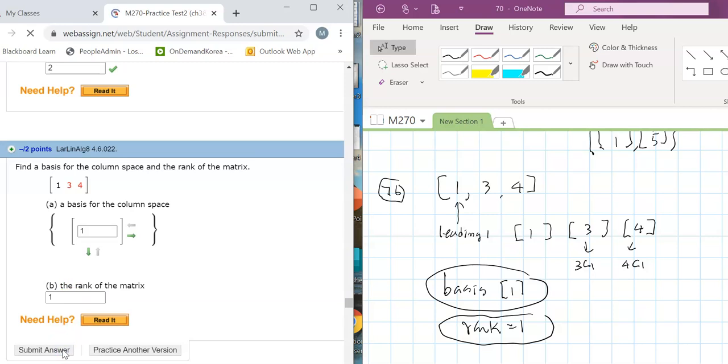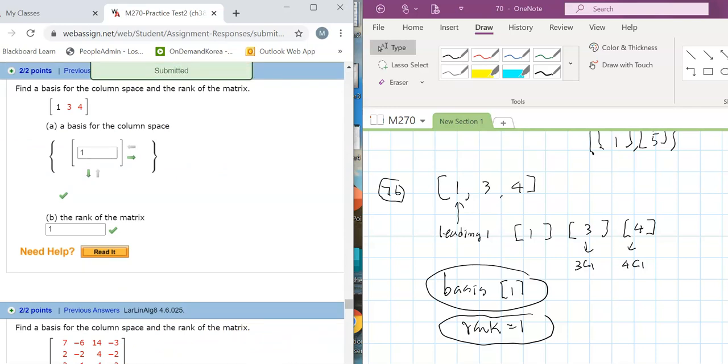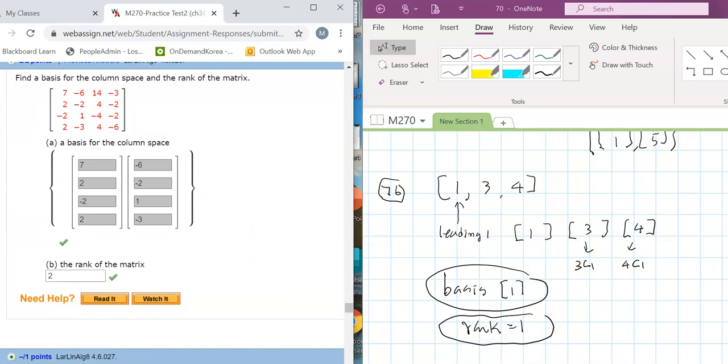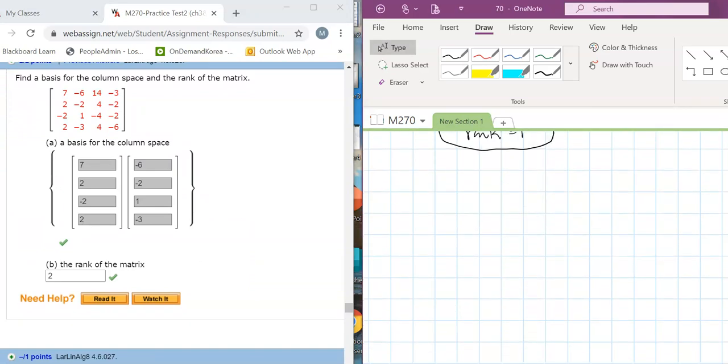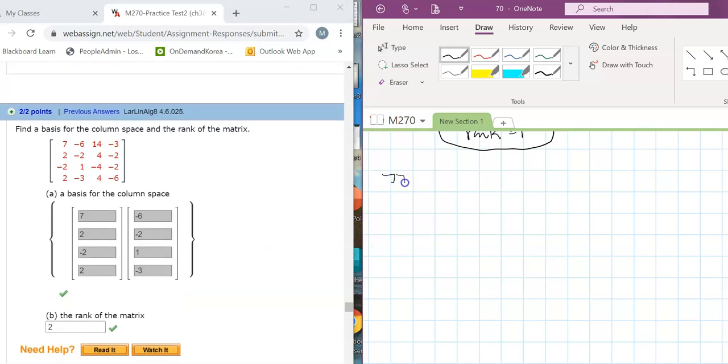All right. Next one is, now I did it again. Now you can do the row operation. So they're asking for column space. This is question number 77.